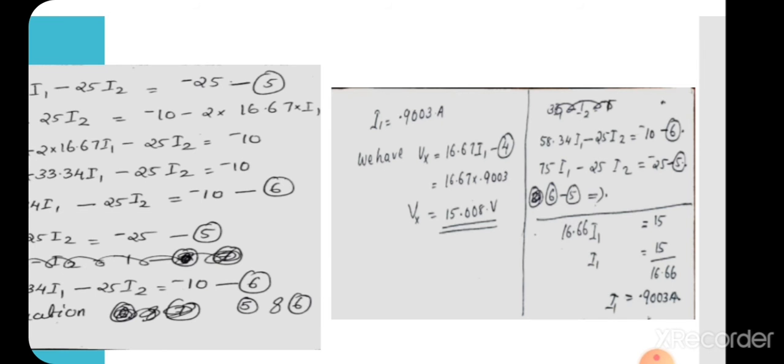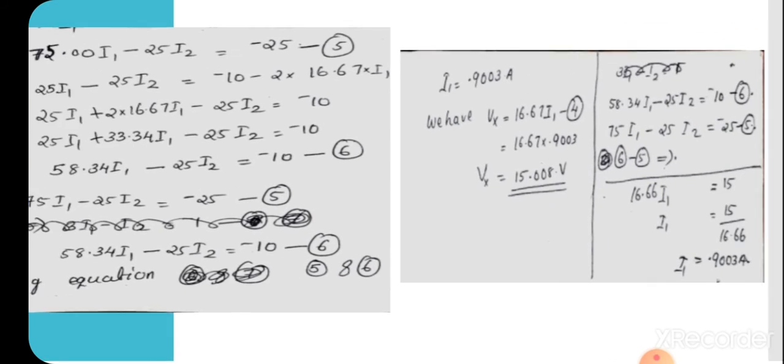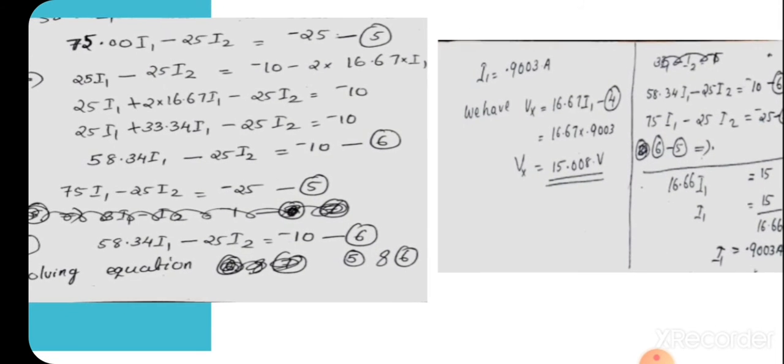I am solving this by simply subtracting equation 5 from equation 6, and that is given on the right side. If you want, you can go through it. You will get I1 equal to 0.9003 ampere.